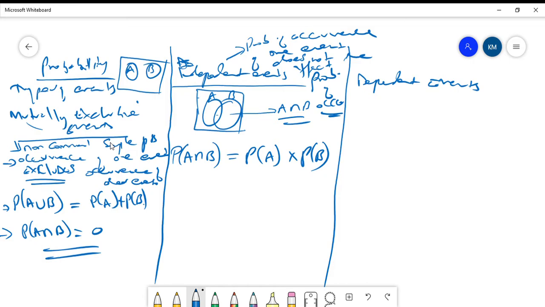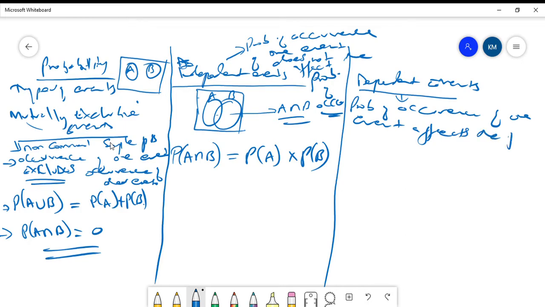Then when we come to the dependent events, in the independent, the probability of occurrence of one event does not affect the probability of occurrence of the other event. But for dependent events, it is the opposite. The probability of occurrence of one event affects the probability of occurrence of the other event.